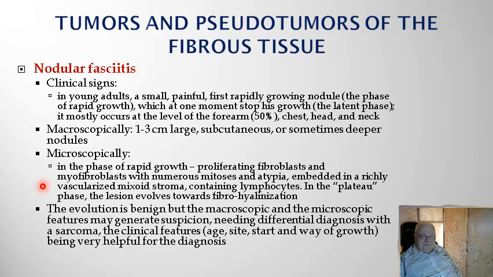And even at microscopic level, in this initial rapid growing phase, the proliferating fibroblastic cells, which are young, are with atypia. And for this reason, it's easy to be mistaken with a malignant fibrosarcoma.